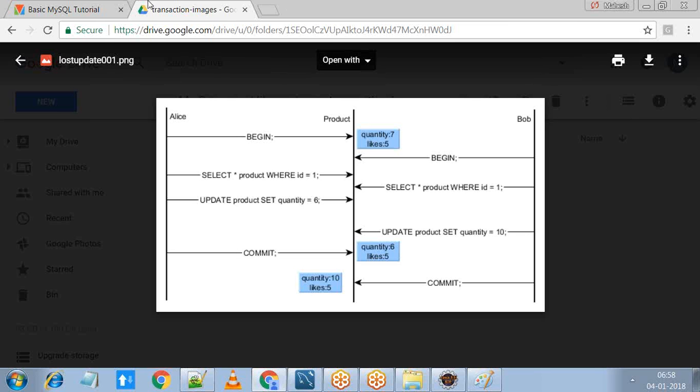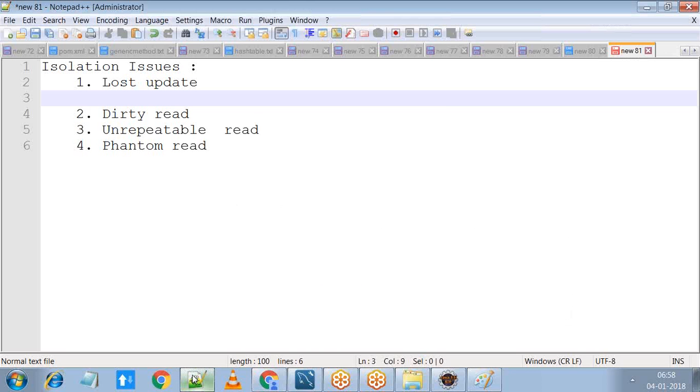Yeah, actually, this is where your isolation level comes into the picture. Okay, we have isolation levels. Let's talk about it.